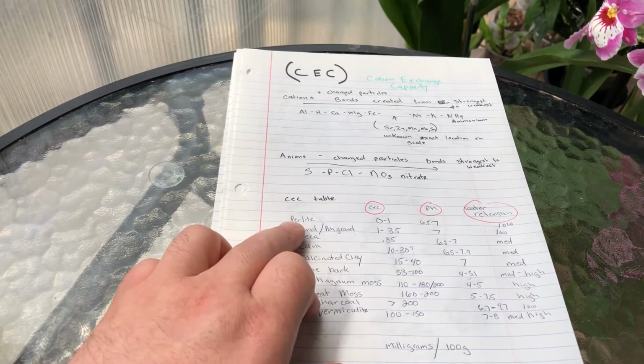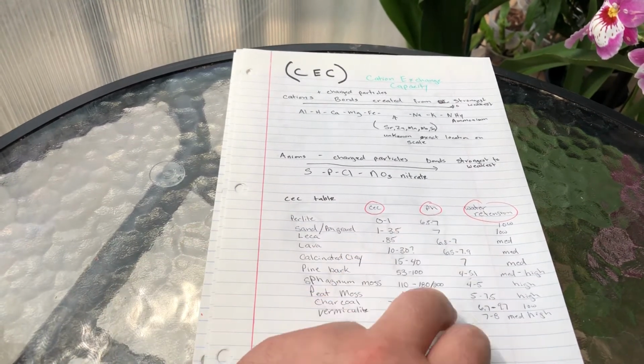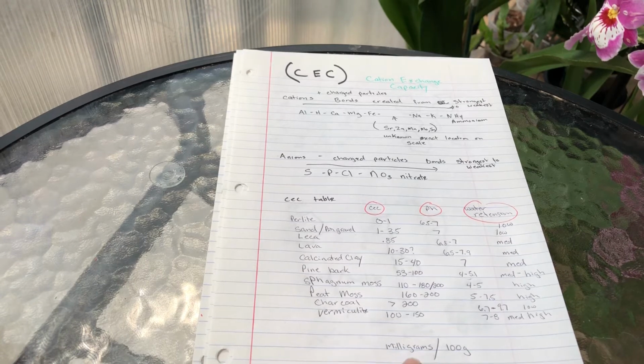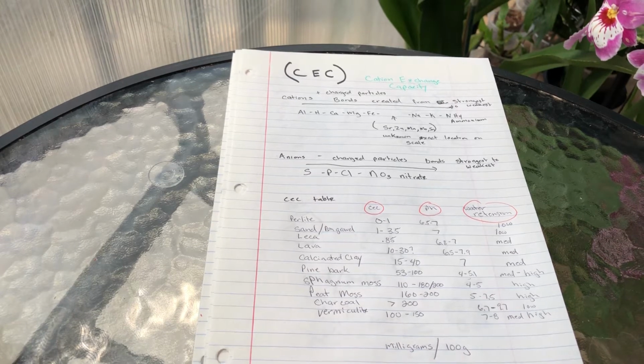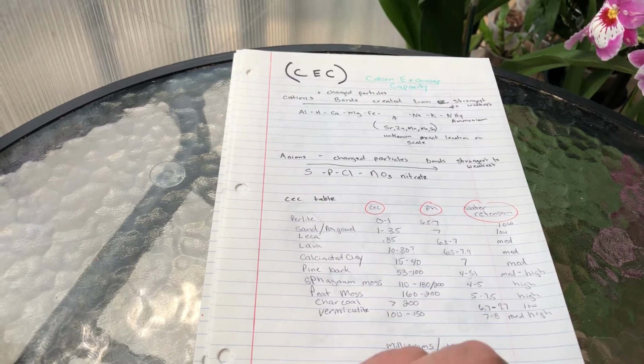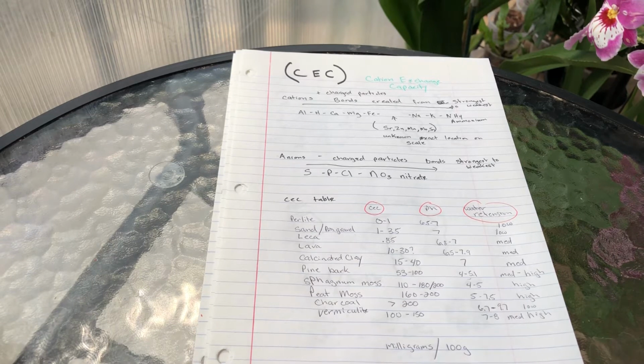For perlite, we have a capacity level of 0 to 1, and this is all in milligrams per 100 grams. It has a pH generally of 6.5 to 7, and low water retention. Sand and pea gravel: 1 to 3.5 milligrams per 100 grams, pH of 7, low water retention.